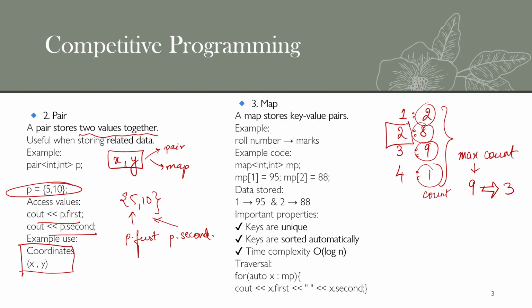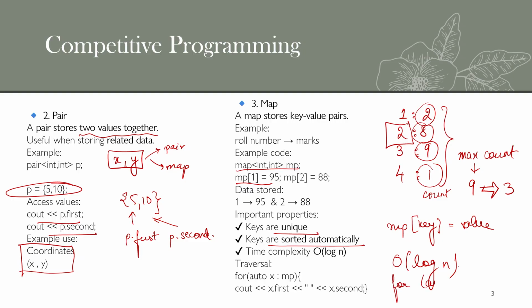Now let's suppose we take roll number and marks. You take a map mp. So suppose you write mp[key] = value. Keys are unique and are sorted automatically, with order of log n time. How do you iterate? for auto x : mp, then x.first and x.second, like in the case of pair.